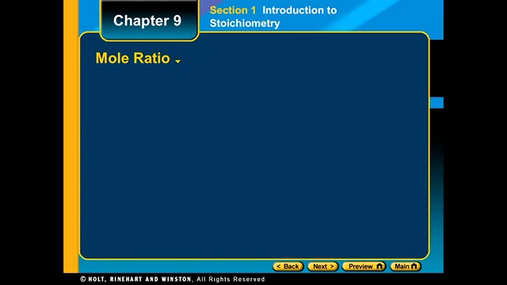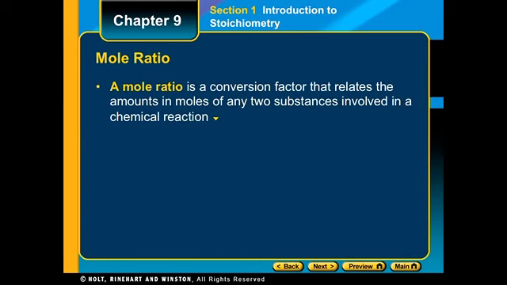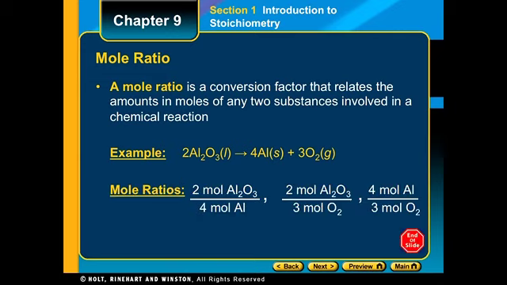First of all, I'd like to define the mole ratio, which is the conversion factor that relates the amount in moles of any two substances involved in a chemical reaction. Example: 2Al2O3 in the liquid state results in 4Al in the solid state and 3O2 in the gaseous state.